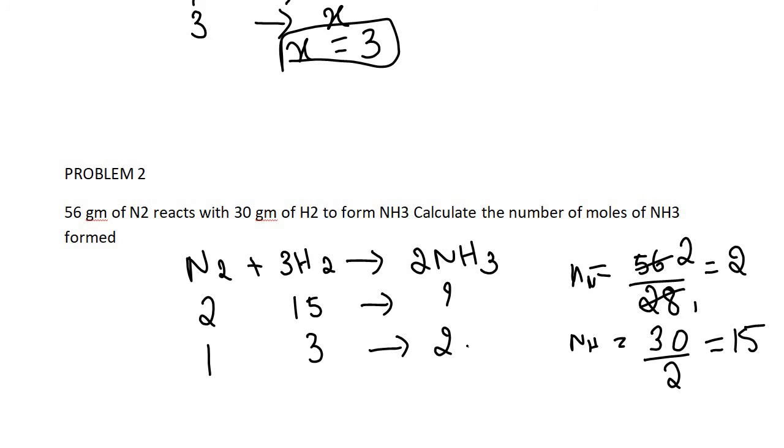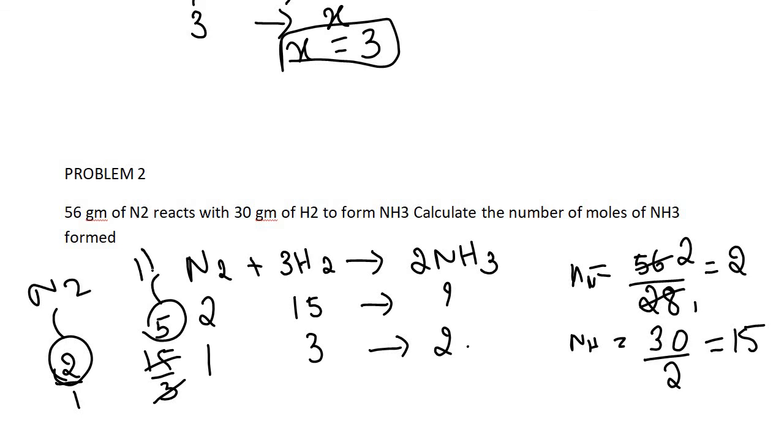We divide the number of moles by the stoichiometric coefficient: 2 by 1 and 15 by 3. 3 fives are 15. Here we get 2 and 5, 2 for nitrogen and 5 for hydrogen. In step 3 we know that the minimum number is the limiting reagent. Nitrogen is the limiting reagent because it has the minimum number, and hydrogen is the excess reagent.